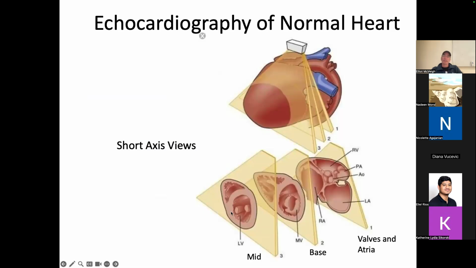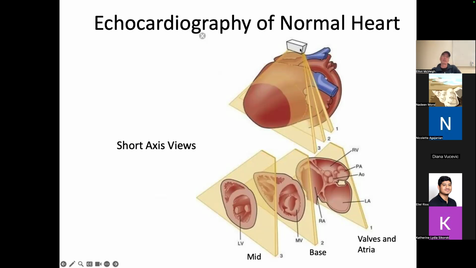When we're looking at the short axis views in the heart with echo, normally the transducer is sitting in the same place you would get the parasternal view, but you rotate it 90 degrees, right? So remember, if I took this and I spun it 90 degrees, I would now be looking at a long axis view, which would be perhaps a 2-chamber view or a parasternal view.